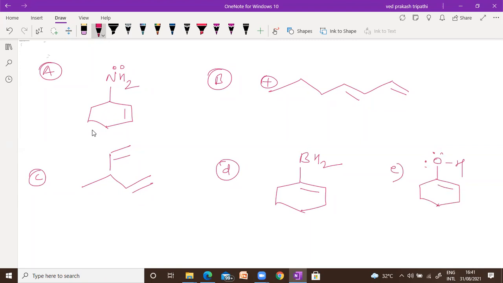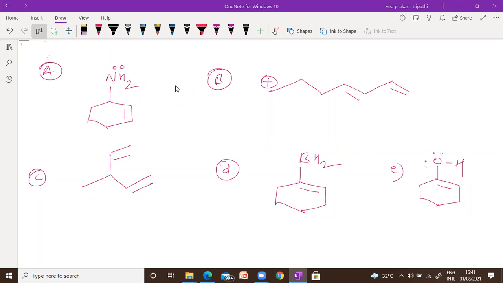Tell me A, B, C, D, which one will show resonance? Okay, one by one. Let's take A. I am just talking about A. Will A show, yes or no? Yes, A will not show.